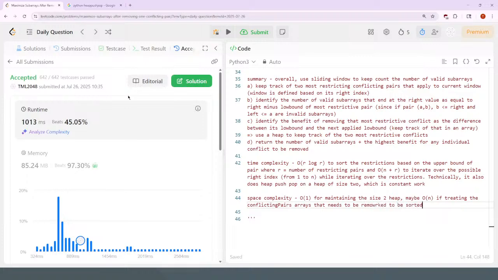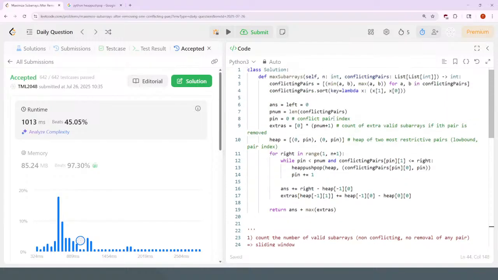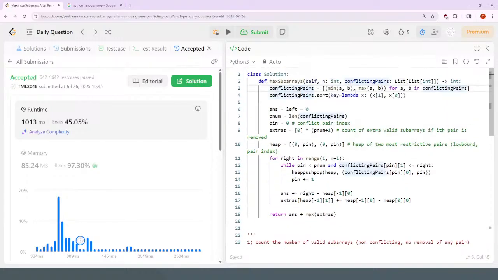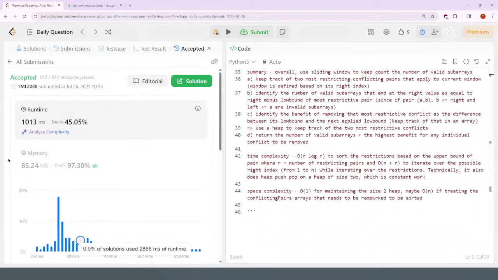So technically I could have done this in place maybe, rather than create a new array. But whatever. Okay. Cool beans.